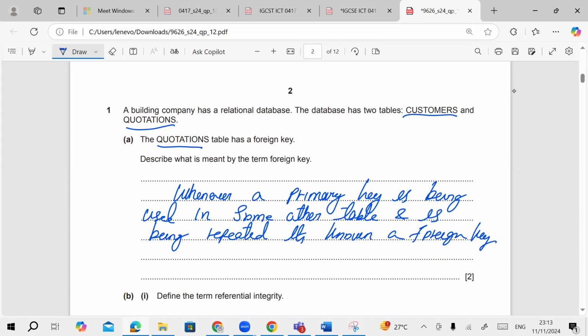Right? So this is the way we describe what a foreign key is. It creates a reference to the other table. Okay? So this is the way it creates a relationship, which is actually known as one to many relationship. One to many is created because of a primary key being related to a foreign key. Right?